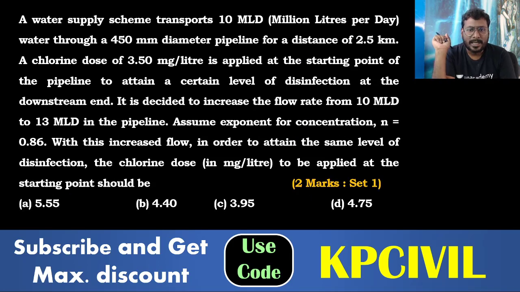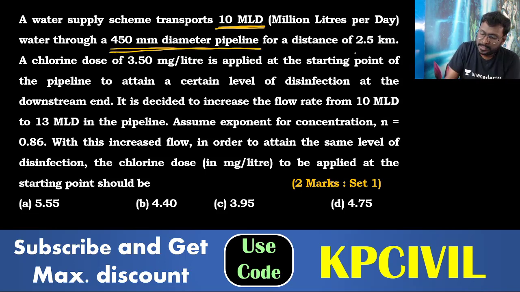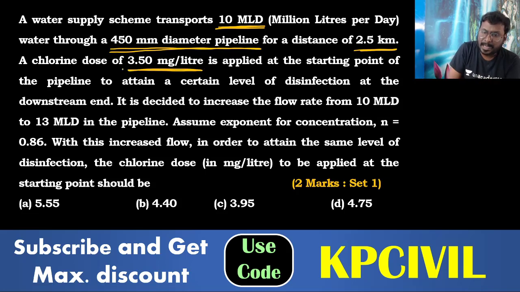Oh, again big question. Set 1, 2 marks. A water supply scheme transports 10 MLD, 10 million liters of water daily through a 450 mm diameter pipe for a distance of 2.5 kilometer. A chlorine dose of 3.5 mg per liter is applied at the starting point.